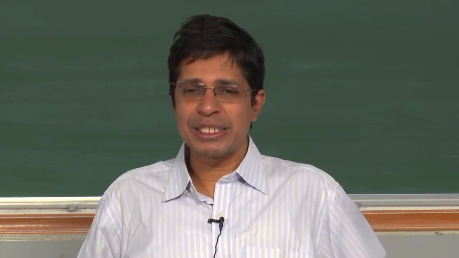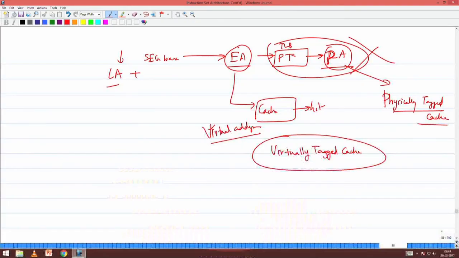If I get a cache hit, I can throw the other part off, and even stop that process. But if I get a cache miss, by the time I realize it, the TLB lookup will also be there, and if there is a TLB hit, then I can start using that and start fetching.